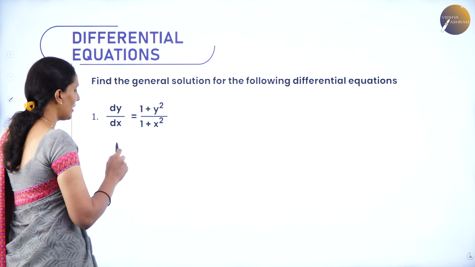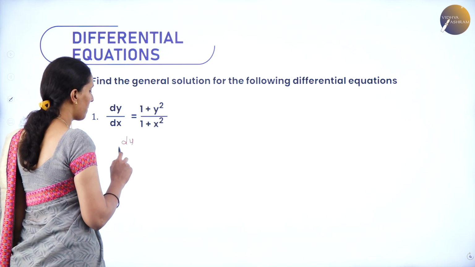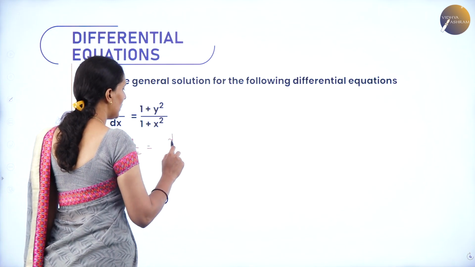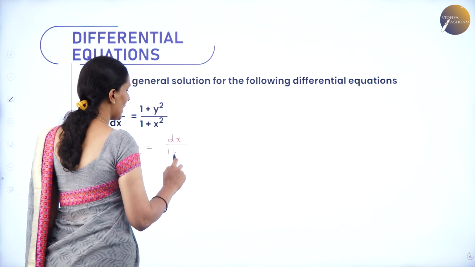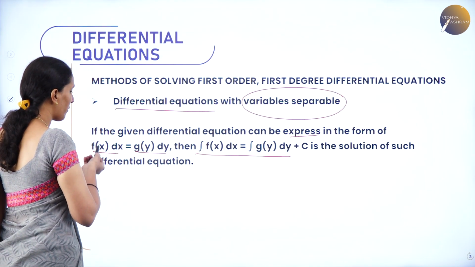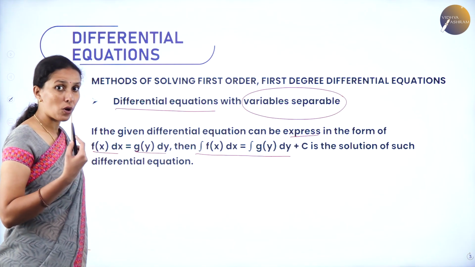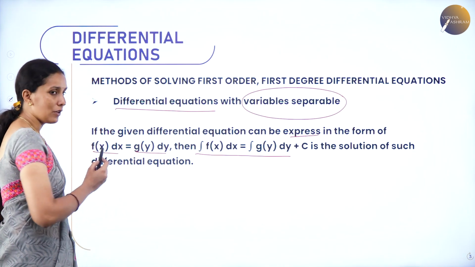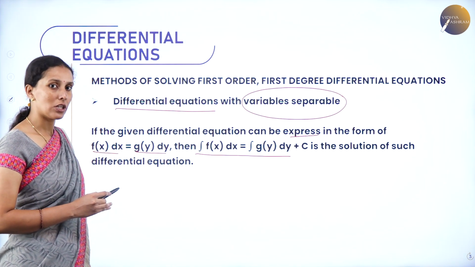So then I can write this as dy by 1 plus y square is equal to dx by 1 plus x square. So when you can arrange this in the form of f of x dx and g of y dy, what will be the solution? The integration of the equation will give you the solution for the differential equation.